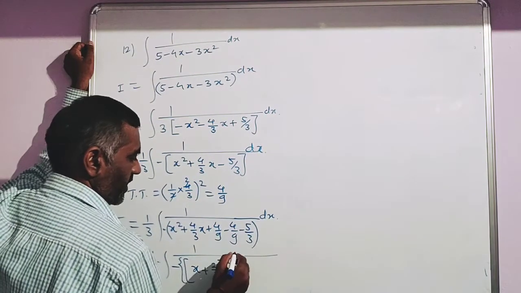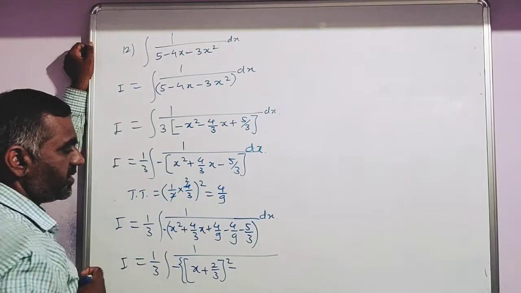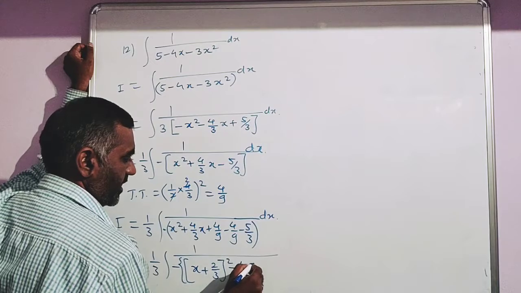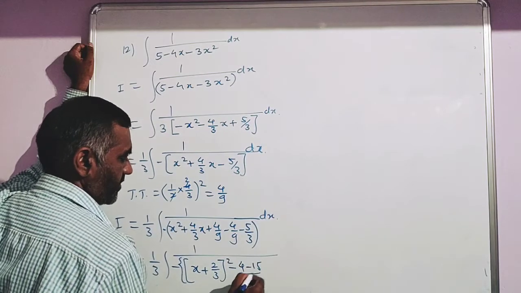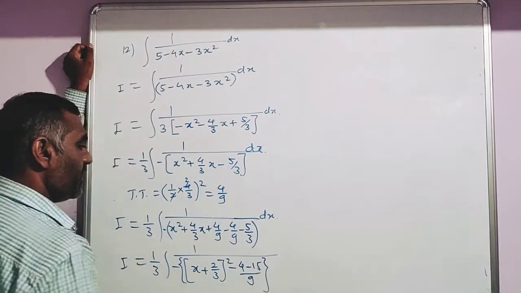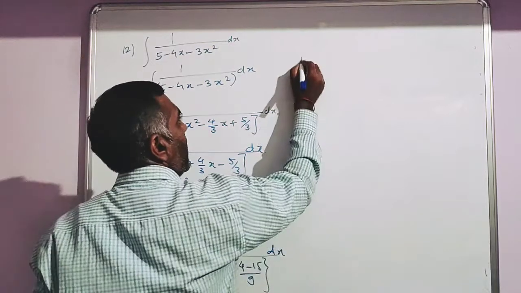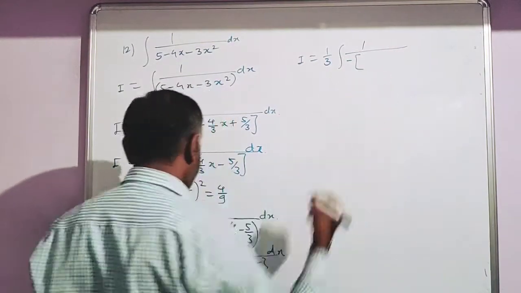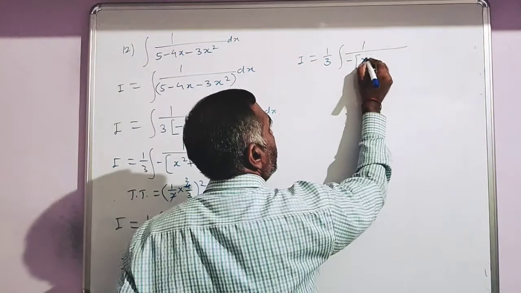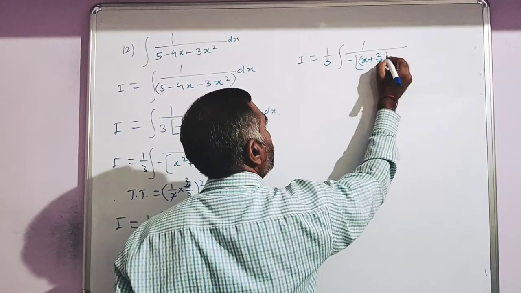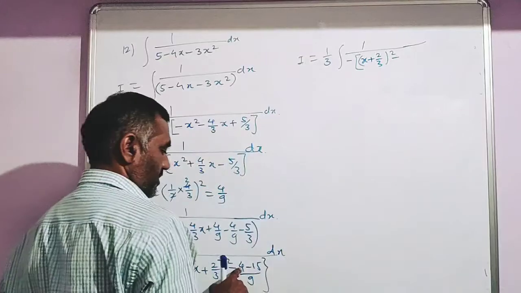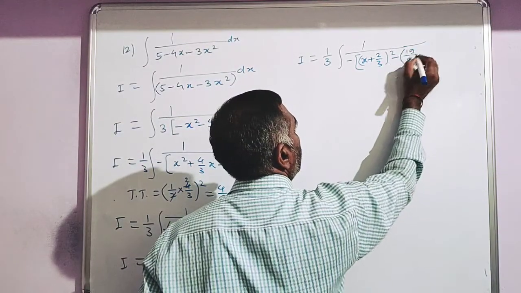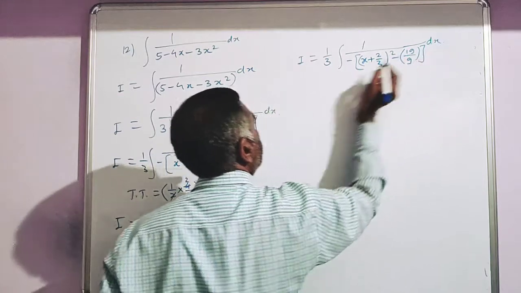minus 4/9 plus 5/3]). Multiply: 3 5s are 15, so 15/9. This will be minus 4 minus 15 over 9. Then I is equal to 1/3 into the integration of 1/(-[(x + 2/3) whole bracket square minus 4 - 15, that is 19/9]) dx.